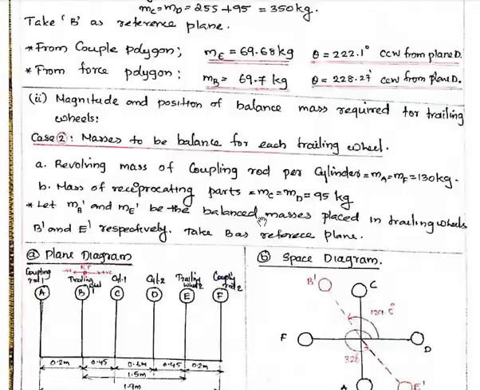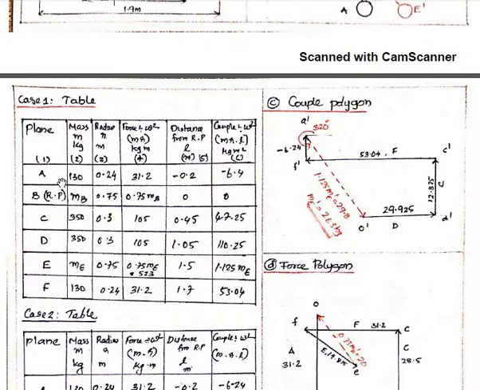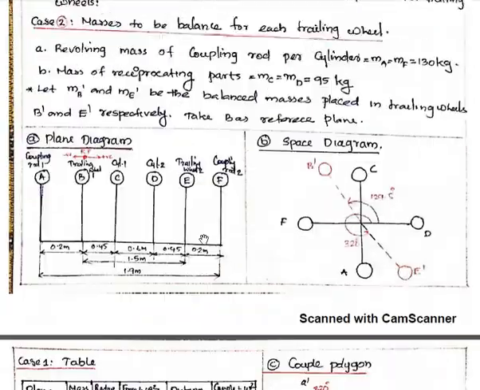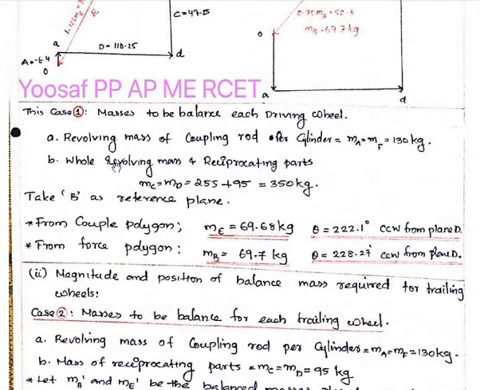Let us make the tabular column. We have A, B, C, D, E, F, and B is the reference plane. C and D are the planes for your cylinders, and for the cylinder we can find the whole revolving mass plus reciprocating mass per cylinder. The revolving mass of the coupling rod of each cylinder is given in your question as 130 kilogram.